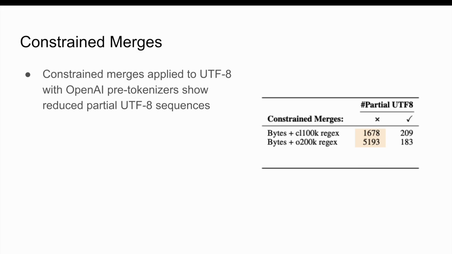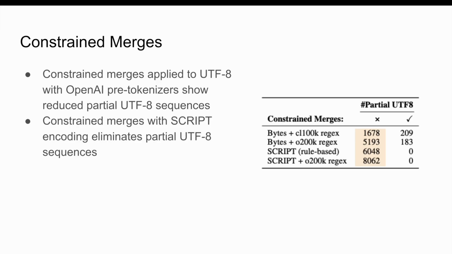So this merge constraint can also be applied to regular UTF-8 encoding with other pre-tokenizers. So CL100K and O200K are the OpenAI pre-tokenizers. And we found that constraining the merges does significantly reduce the number of partial UTF-8 sequences. So the right column is the constrained one and the left one is unconstrained.